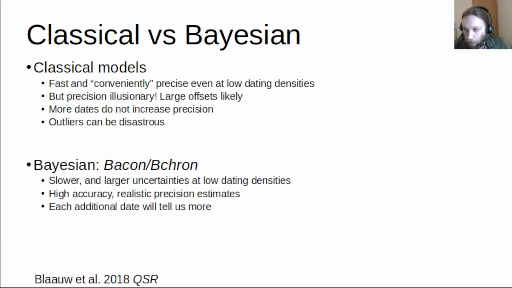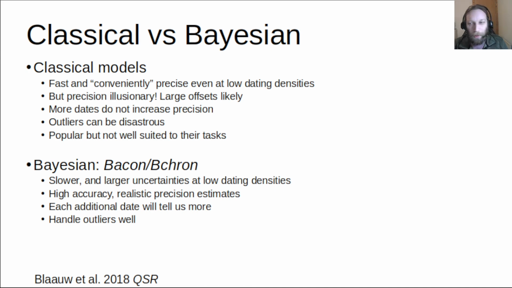With classical models, outliers can be a disaster. They really can be problematic, and outliers do happen. Whereas Bayesian models like Bchron and P_sequence handle outliers really well. They can deal with up to say 50% outliers and still produce reasonable models.